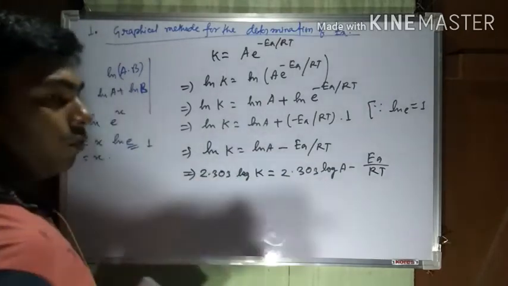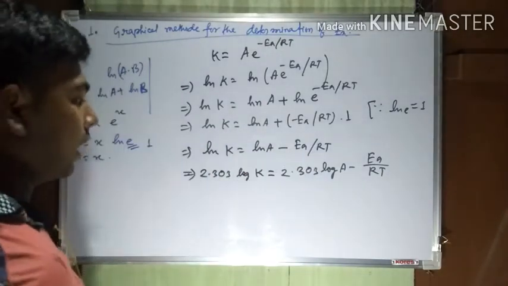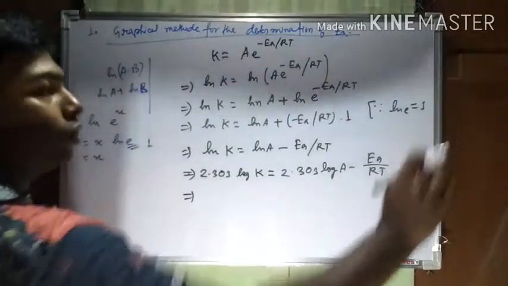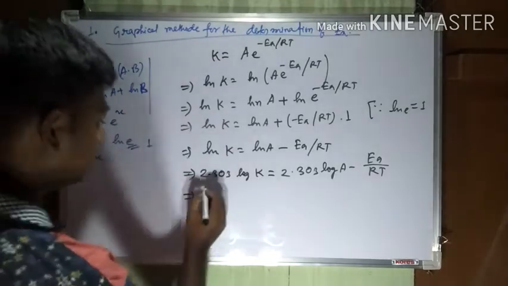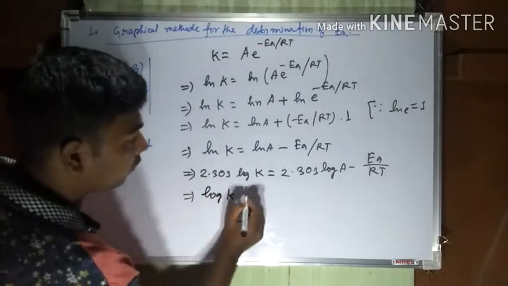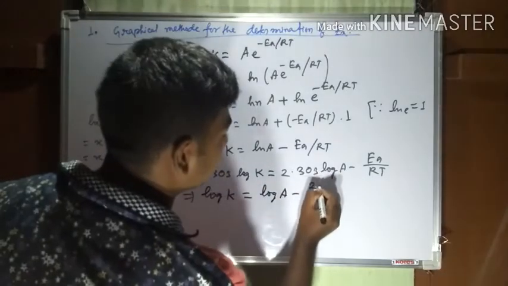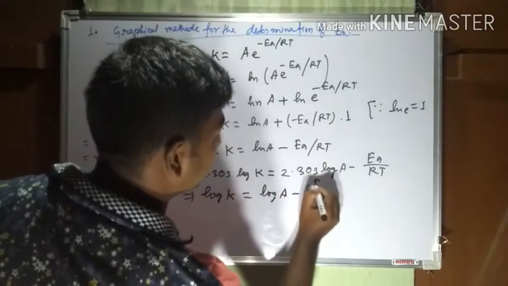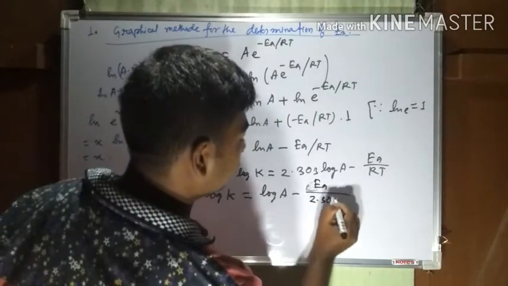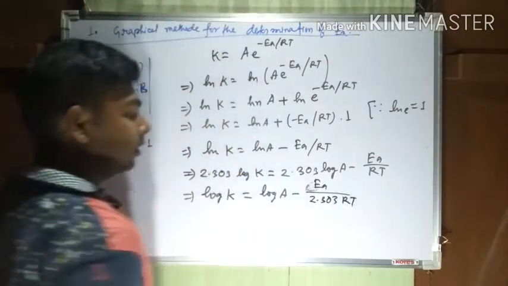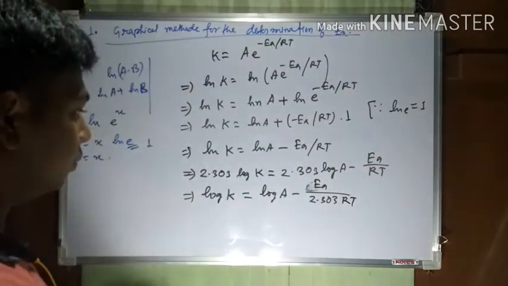Now, if we want to cancel the 2.303 on both sides, we have to divide both sides by 2.303. Then it becomes log of K equal to log of A minus EA divided by 2.303 RT.